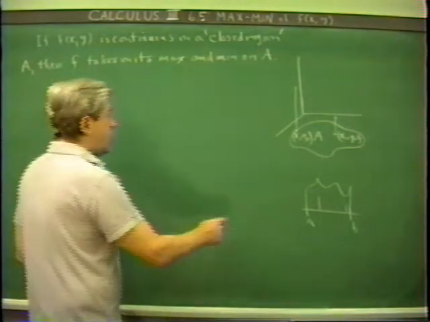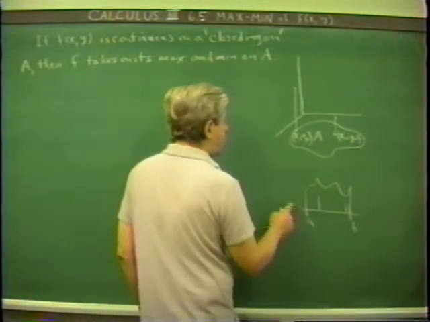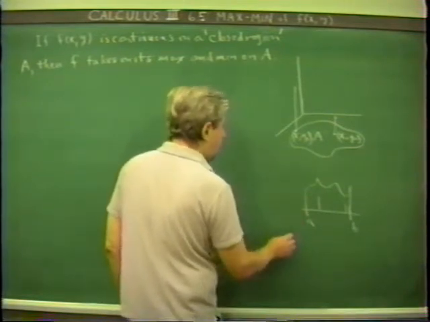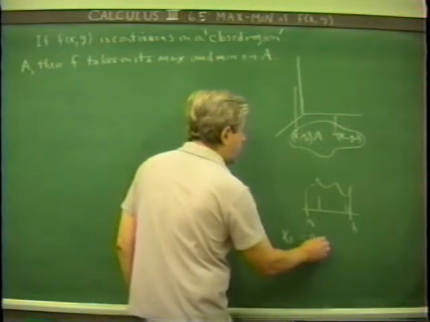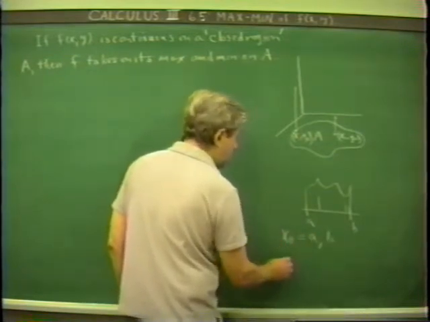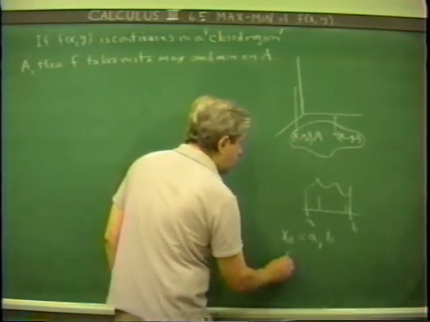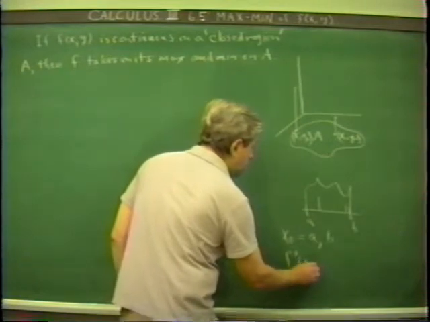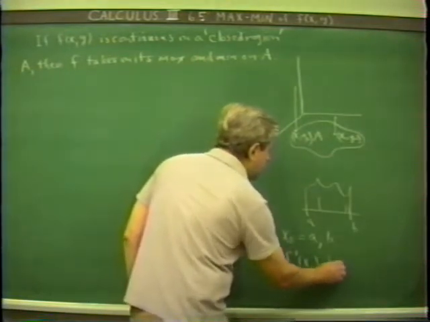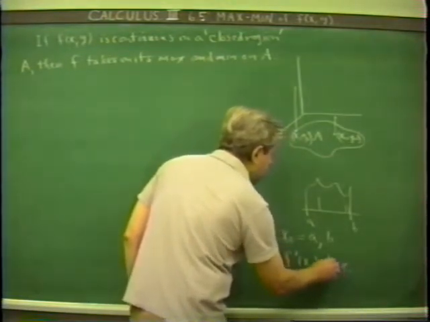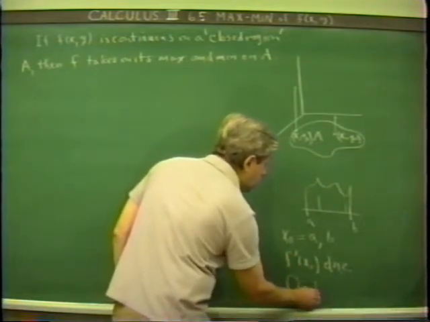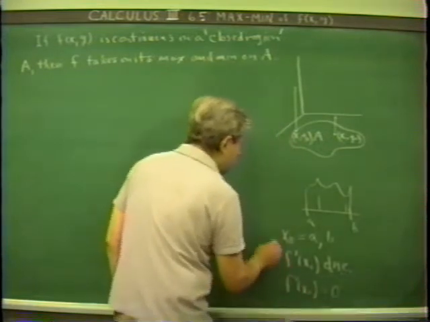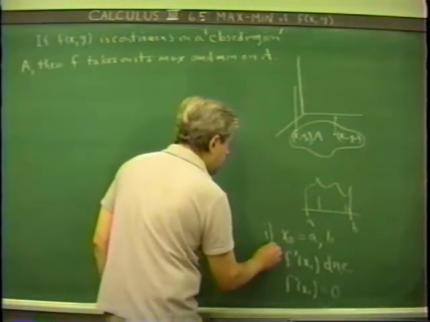Okay, now there's another analog here. In this case right here, there are only three possibilities for the maximum and the minimum. So say the maximum can only occur at the endpoints, A and B, points where the derivative does not exist, abbreviate that by D and E, and points where the derivative is equal to 0.